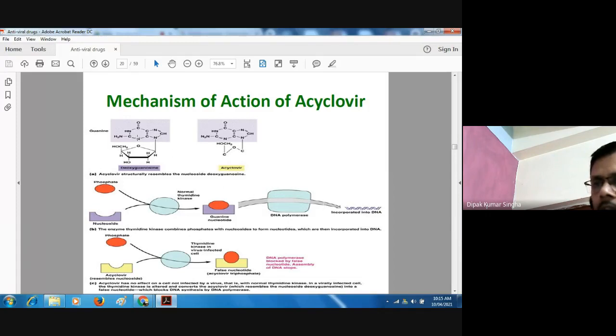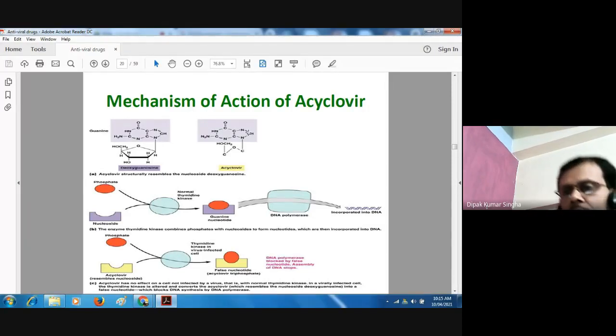You can see this is the structure of deoxyguanosine, and this is the structure of acyclovir. The structures are similar, just without one ribose phosphate; the basic ring structure is the same. That's why it is called an analog of this particular structure.